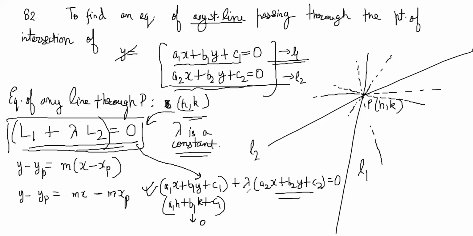Now this lambda just changes the slope. By taking different values of lambda, you will get different slopes, right? Because what is the slope of this line? Let's do it on the next page. Let's say a1x plus b1y plus c1 plus lambda into a2x plus b2y plus c2 is equal to 0. Let's find the slope of this line.